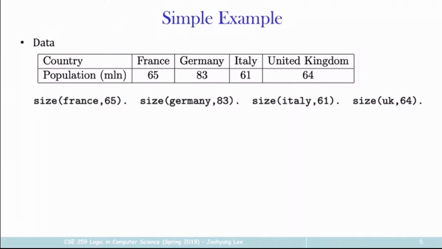The second row, Germany 83, can be written in the same form. Same for Italy, which has 61 million, and so on. If you have more and more entries, you can write these facts. So data can be easily represented as a simple list of facts.